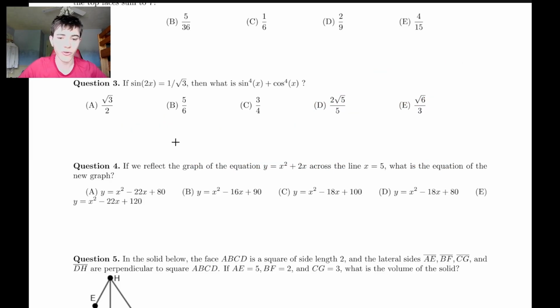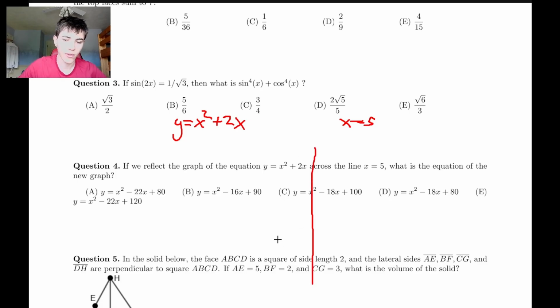If we reflect the graph of the equation y equals x squared plus 2x across the line x equals 5, what is the equation of the new graph? Okay, so let's graph this. X squared plus 2x, factoring out an x, is going to have roots at 0 and negative 2.